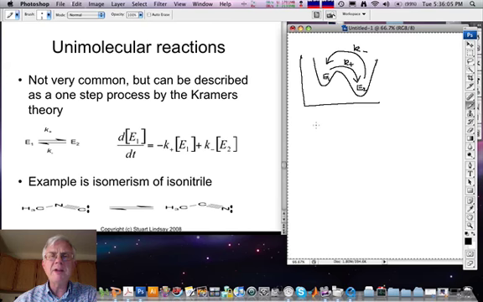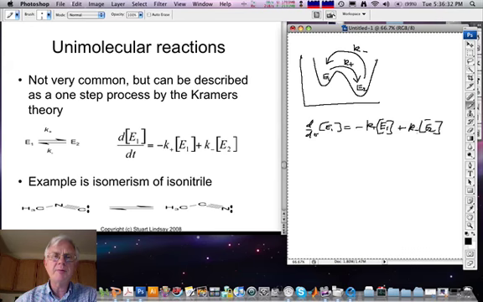So the rate of accumulation or loss of E1, where these square brackets mean concentration, is given by the rate at which it is lost, so that's minus K plus times the concentration of E1, plus the rate at which it is gained, so that is K minus times the concentration of E2.